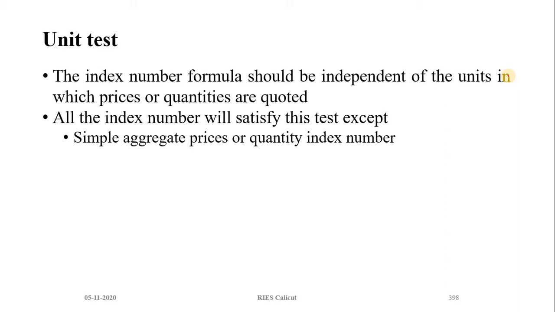So this criterion is satisfied by all the index numbers except one, that is, the simple aggregate price or simple aggregate quantity index number. This index number does not satisfy this test. Okay, yes.